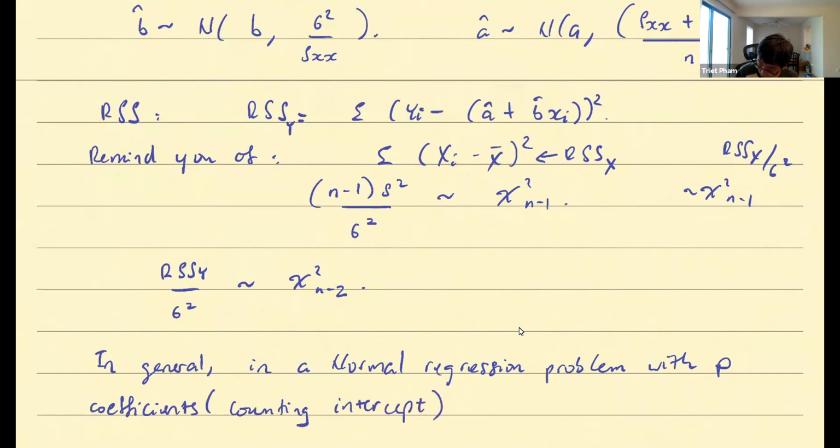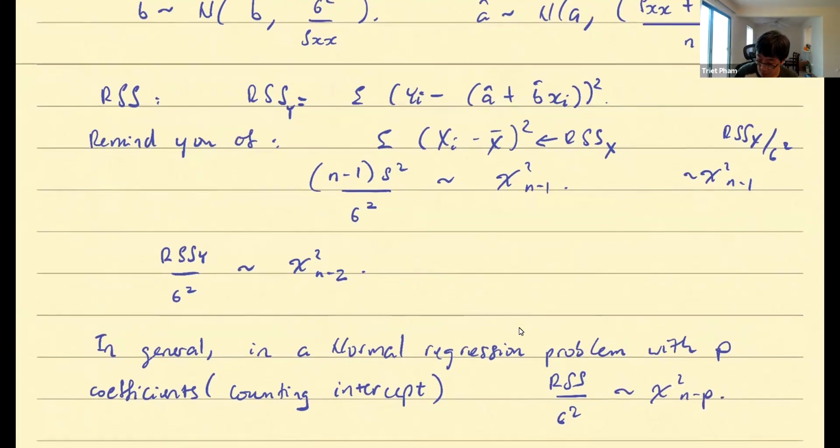Then you have RSS divided by sigma square will be a chi-square n minus p distribution. So you lose p degrees of freedom to estimate these p coefficients for the mean. So there will be C0, C1, C2, C3 up to Cp minus 1 to calculate the mean. All right. So that's the principle.